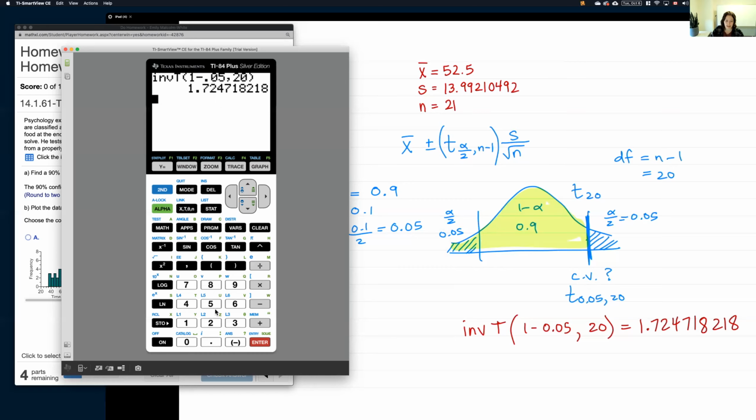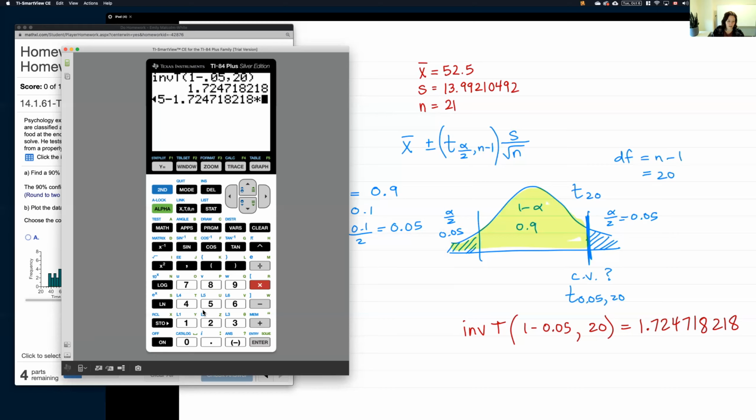So again, I'm going to type this in. 52.5, that's my mean, minus, oops, not plus, minus the critical value, 1.724718218, times the standard deviation.